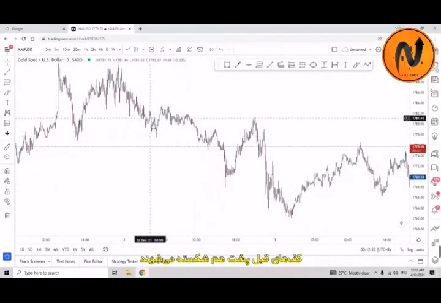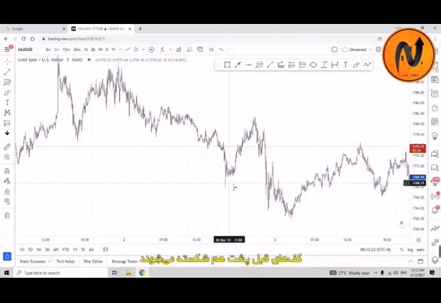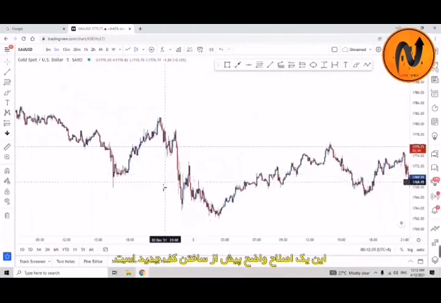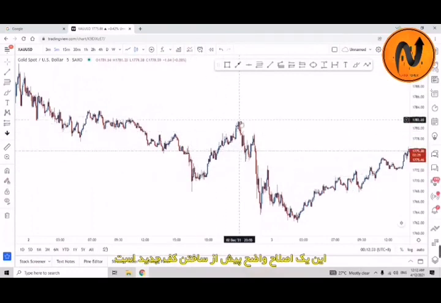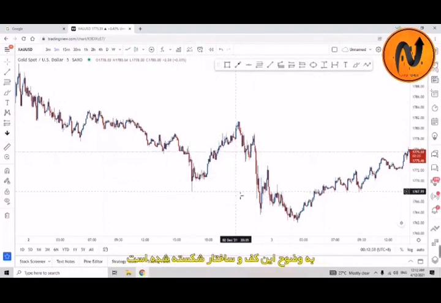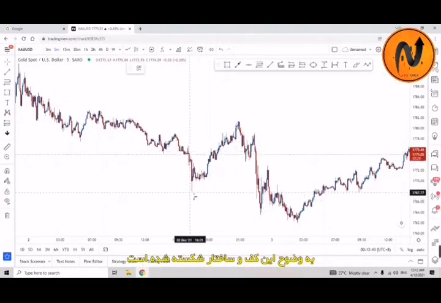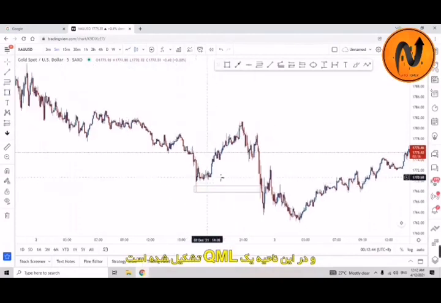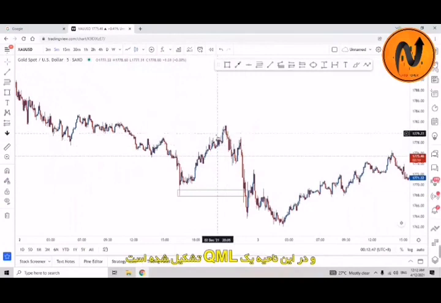It's breaking low again and again. Then suddenly there is a retracement before it continues to break another low. So it has broken the structure over here, and it has created a QML at this area.